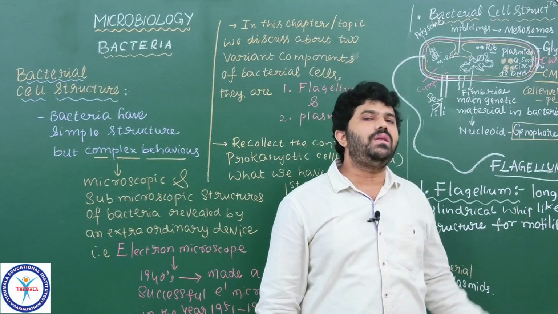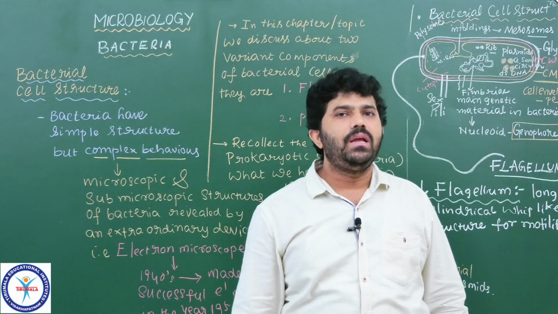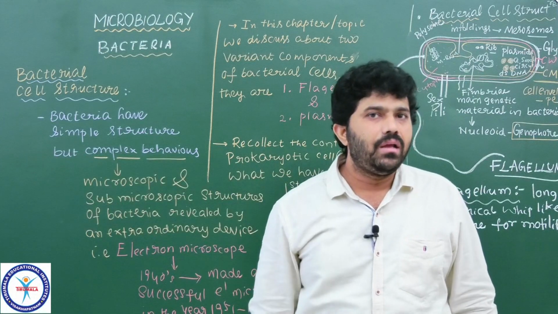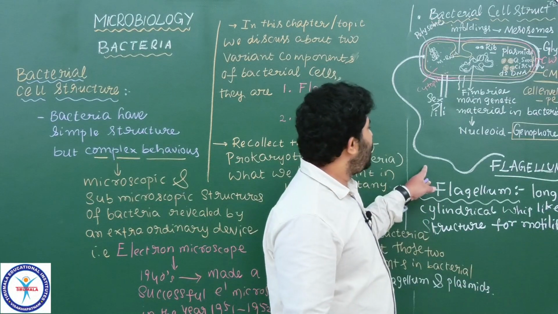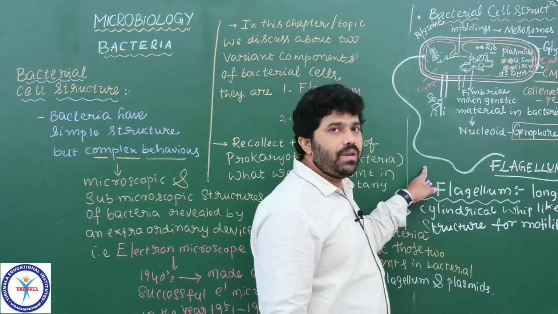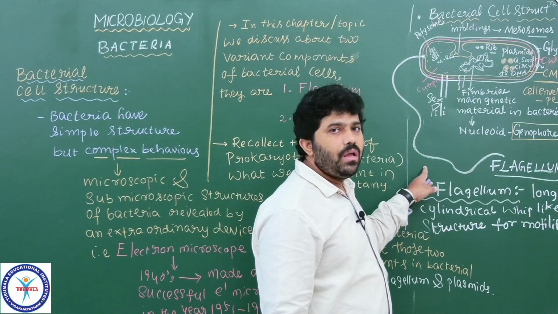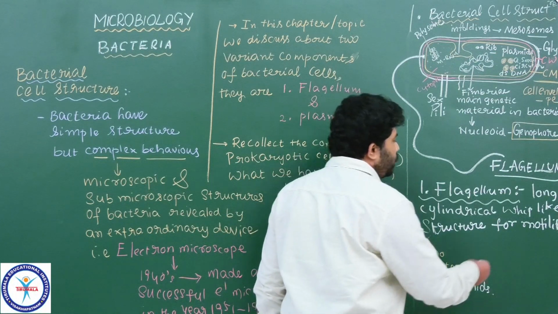In the same way, the bacteria want to move from one place to another towards favorable conditions and away from adverse conditions, and the flagellum is very useful for locomotion. Locomotion means movement or motility.